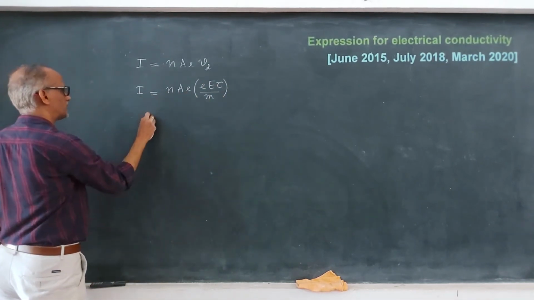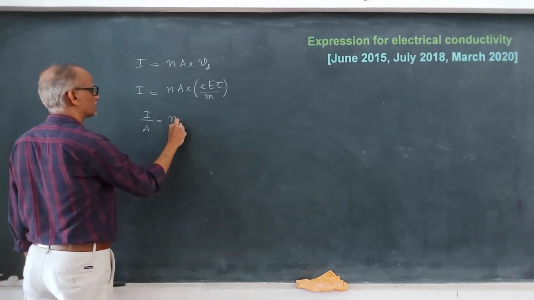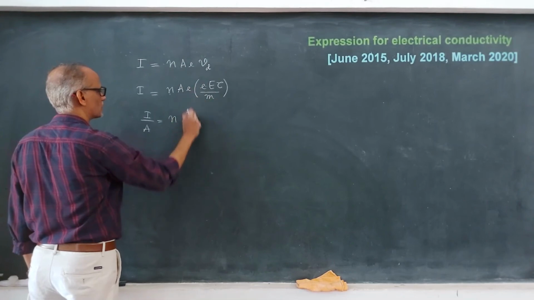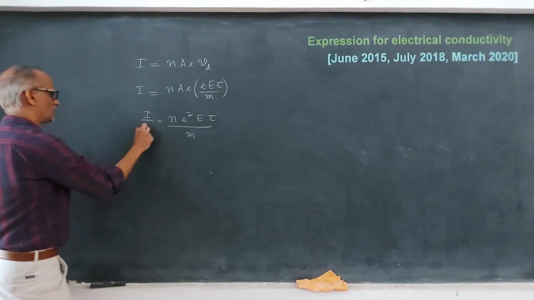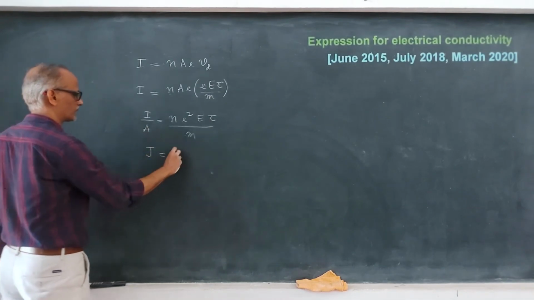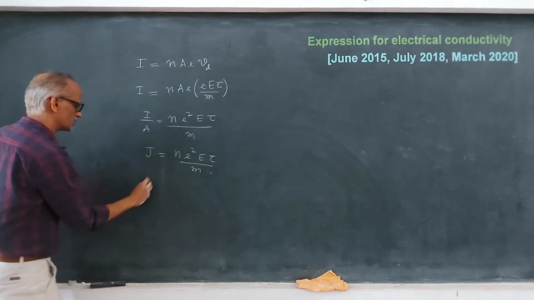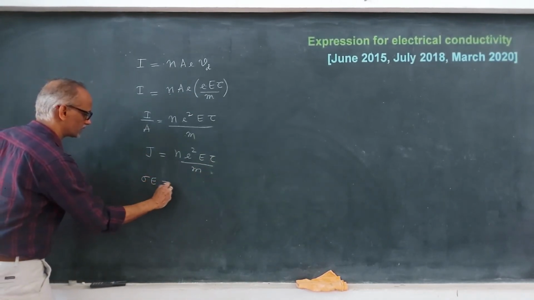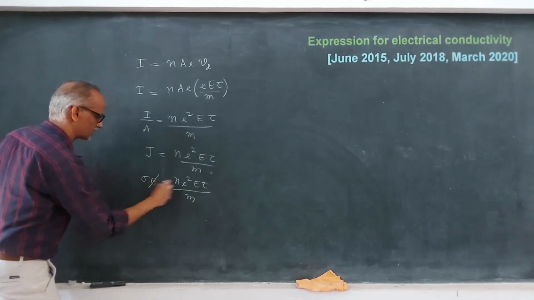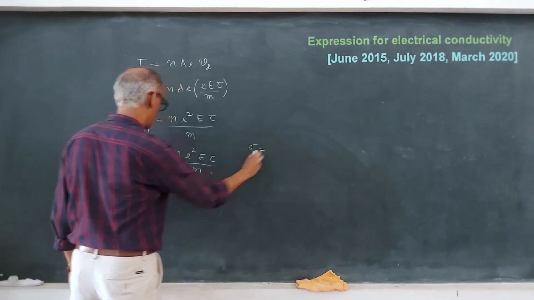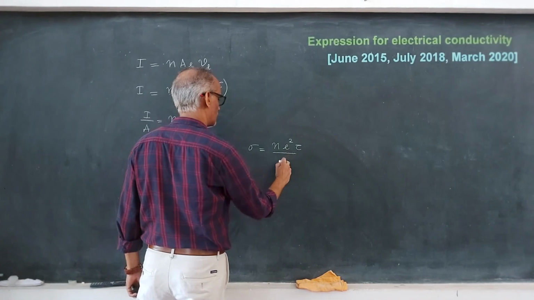I will rearrange: I by A is equal to N e square E tau by m. What is I by A? I by A is nothing but J. But J is nothing but sigma into E, just now we derived it, right? So N e square E tau by m equals sigma E. The E will get cancelled. So finally we get sigma is equal to N e square tau by m.